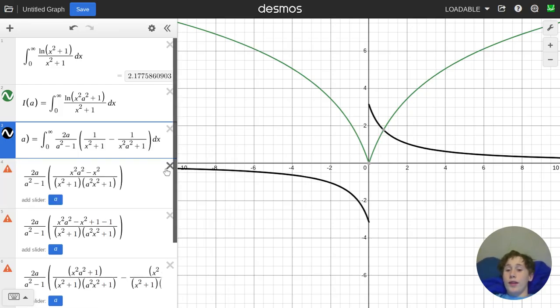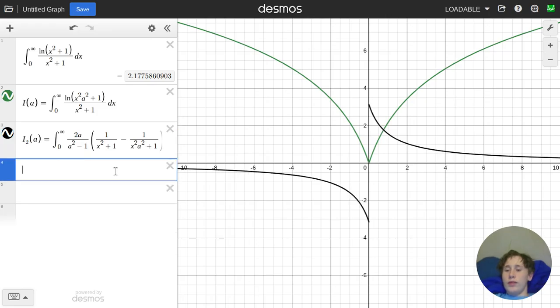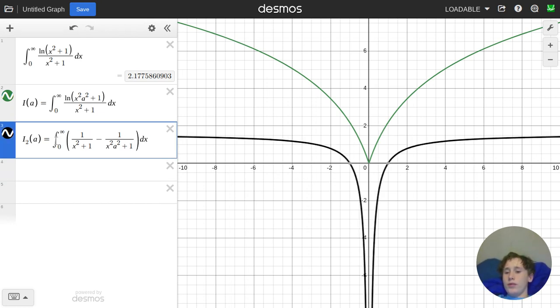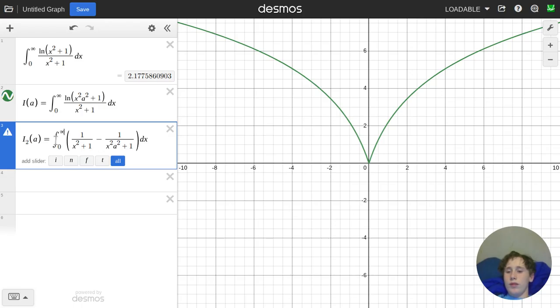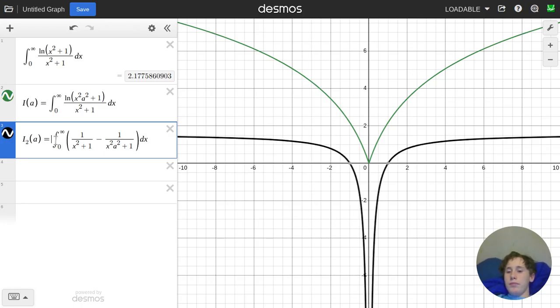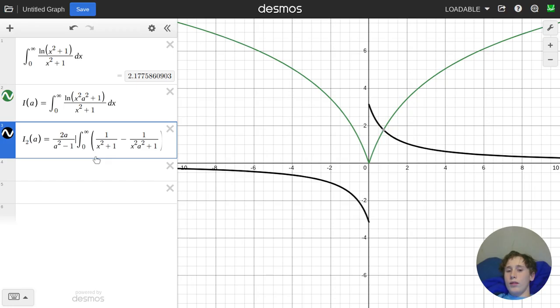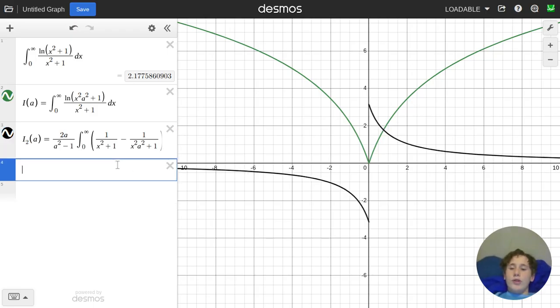To check if we're right, it will probably be fine. So this just becomes trigonometry.